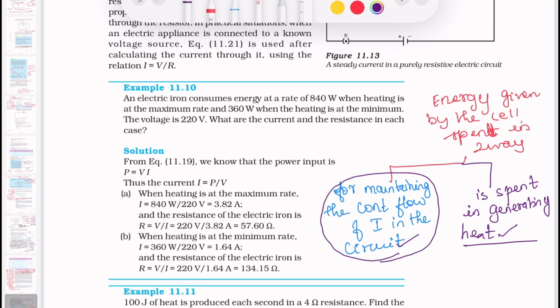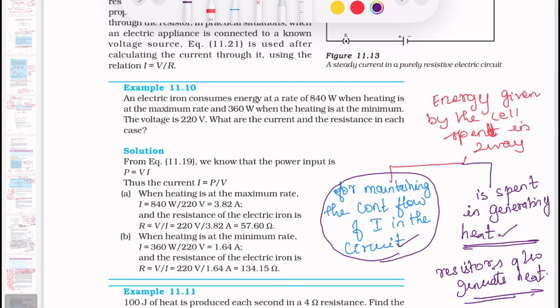How this heat which is generated in the circuit is utilized, we are going to see now. And also the resistors, we add resistors in the circuit. Not only a cell generates heat, resistors also generate heat, dissipate heat.